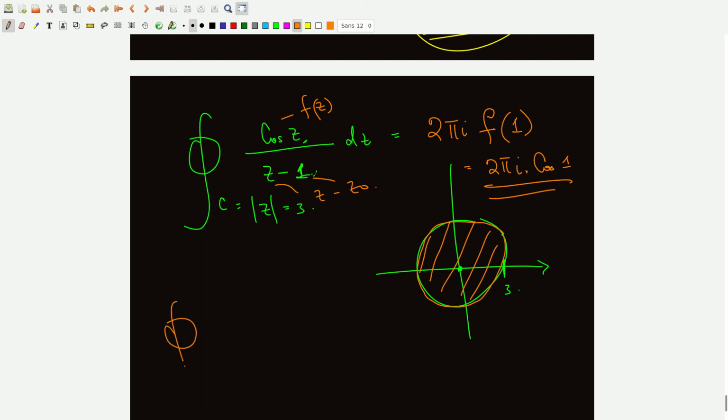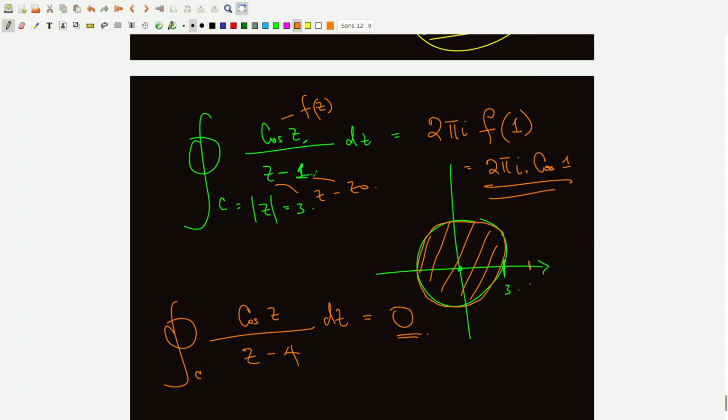What about if you wanted to compute this over cos z over z minus 4 dz? Then this would be 0 by Cauchy's theorem. Why would it be 0?